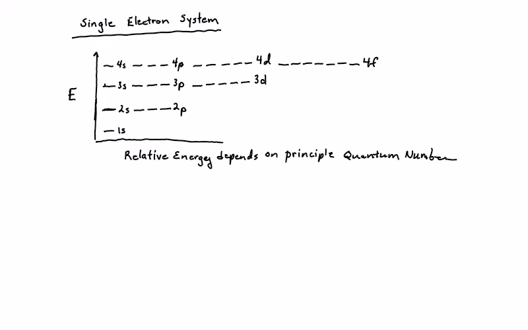In a multi-electron system, things are a little bit more complicated. And that's because once you start putting an electron on the atom, that's going to change the relative energies of the orbitals.